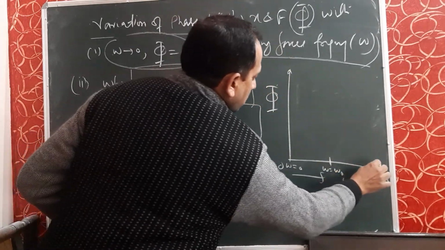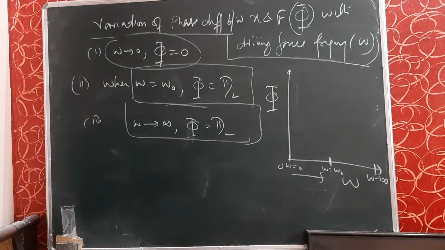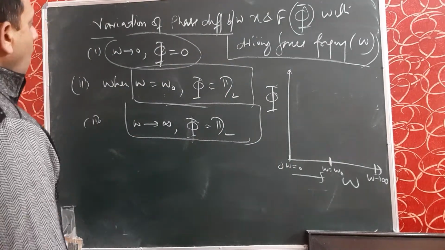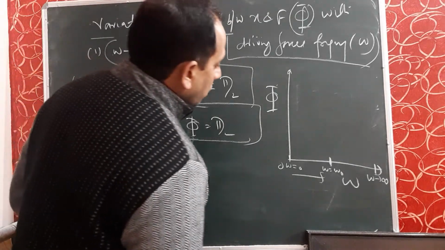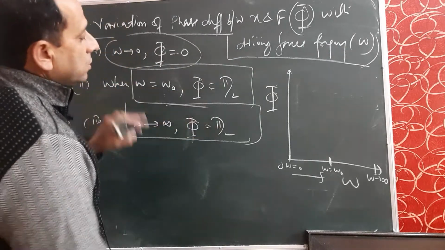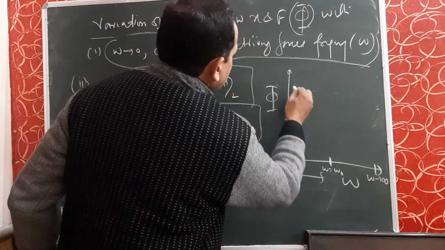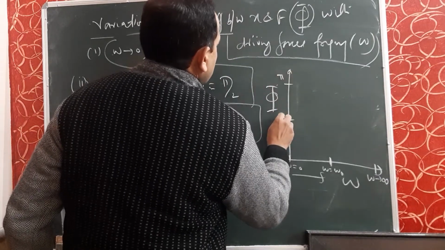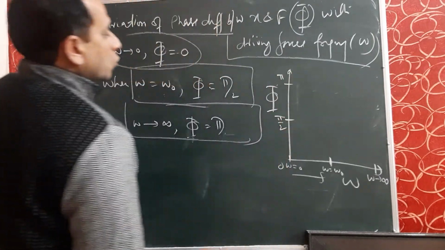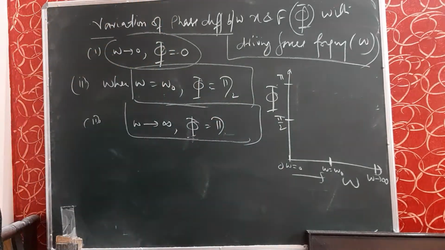So these are the 3 points I have marked on the x-axis because these are the values for omega. And the corresponding values for phi are 0, pi by 2 and pi. Pi by 2 means 90, so 0, 90 and 180 because pi is 180.